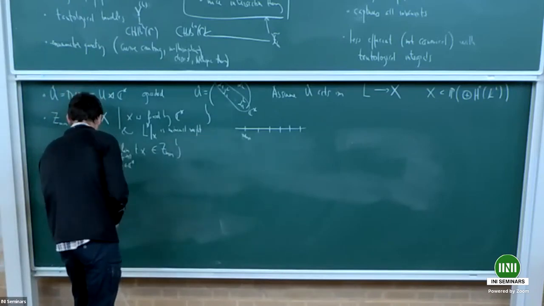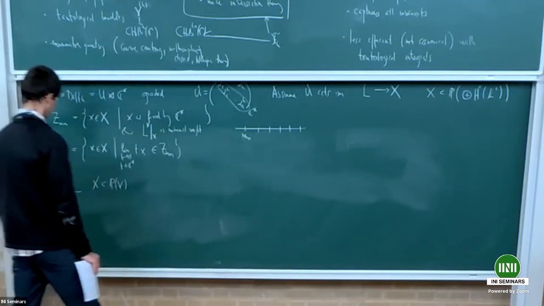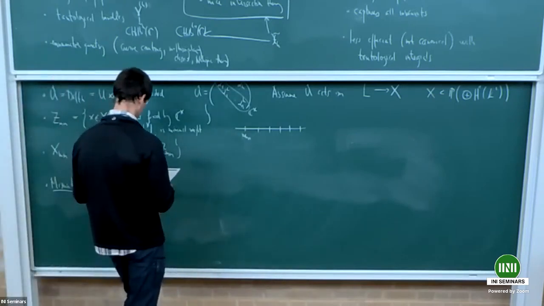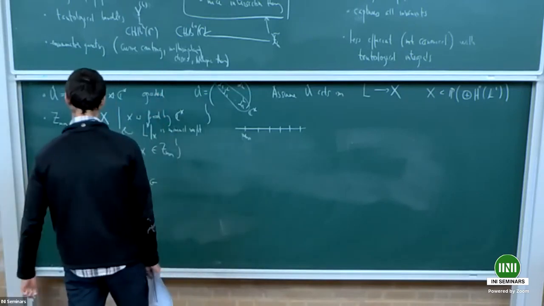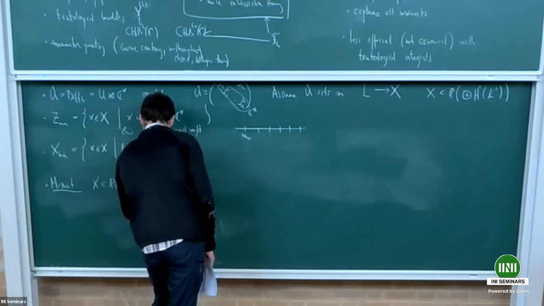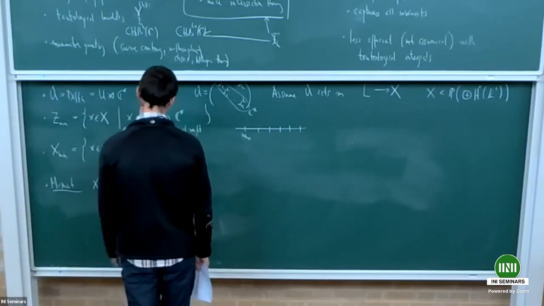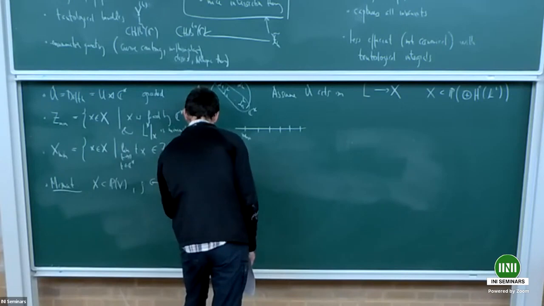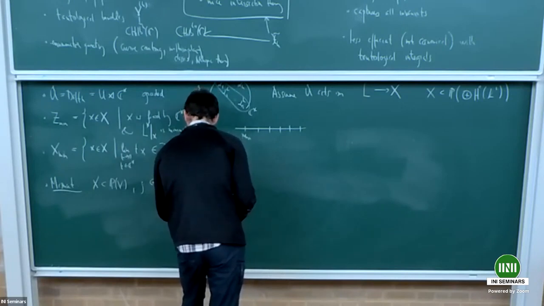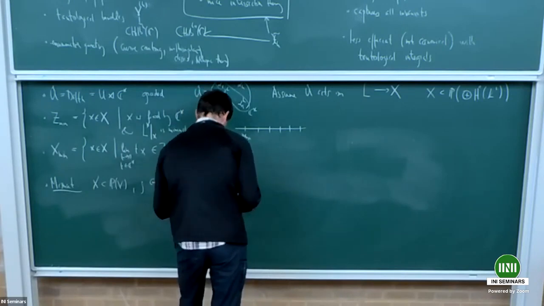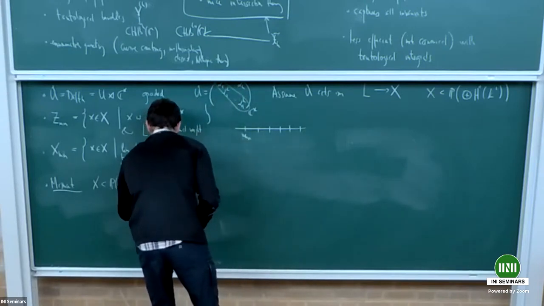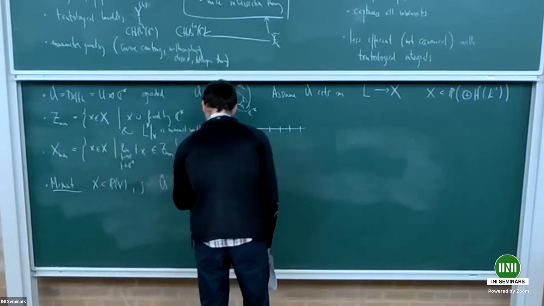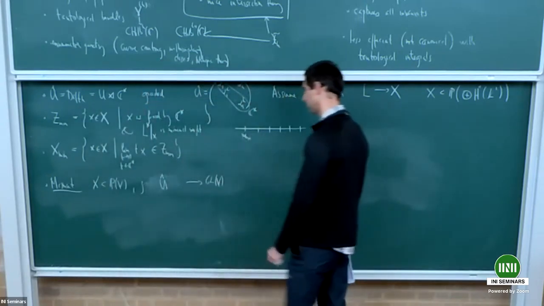We have this X sitting in some projective space P of V, and we have an action. What I want to say is that U hat, which is my diff K group, acts via a representation to GL of V. So it's a linear action.